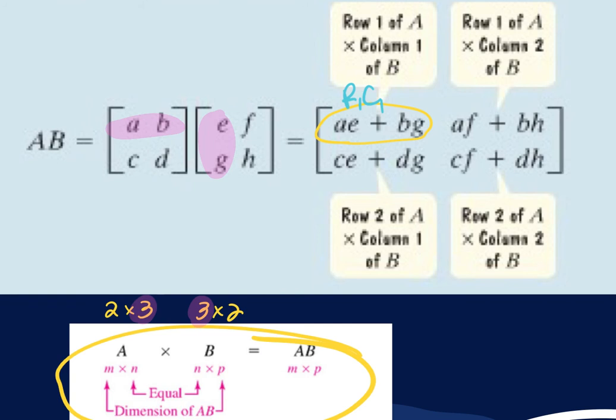Whatever numbers are here, I multiply the first term here, A, times this term. So if it was 1 times 2, that would be 2. And then I add it to the second and the second. So you go across and down, left to right, across and down, okay?